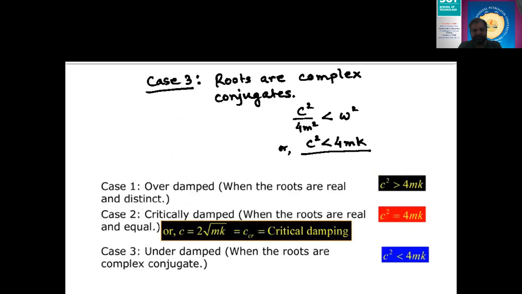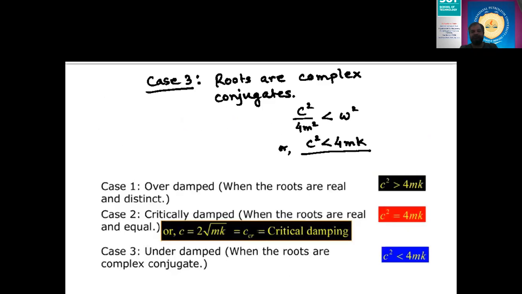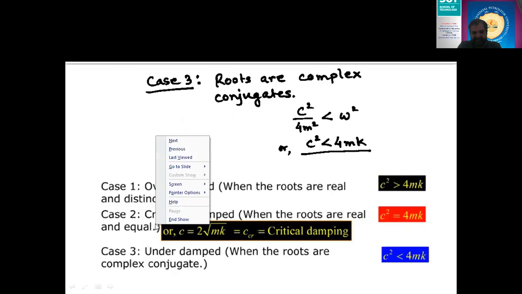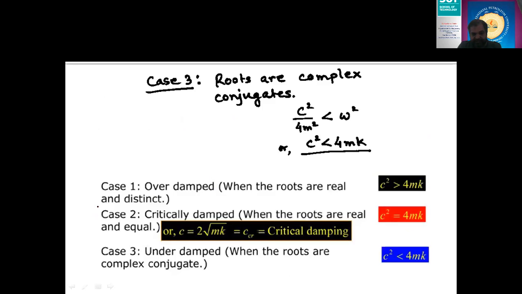So this we have established. Now let's start with case 2. First I am taking this case to establish this, because this will become the base point when the value is C equal to twice square root of mk.